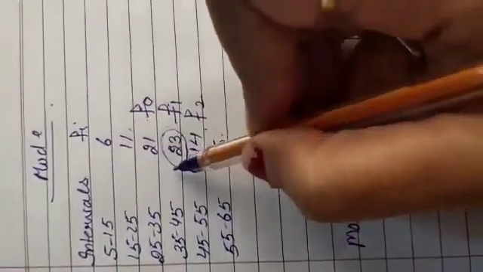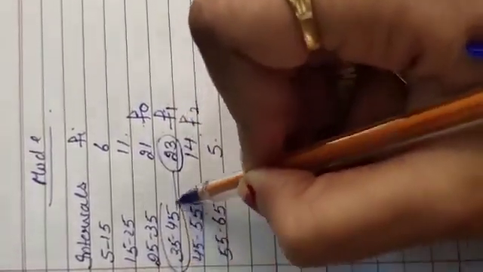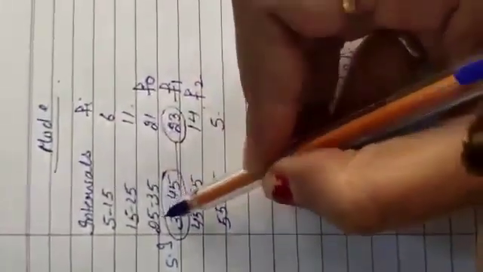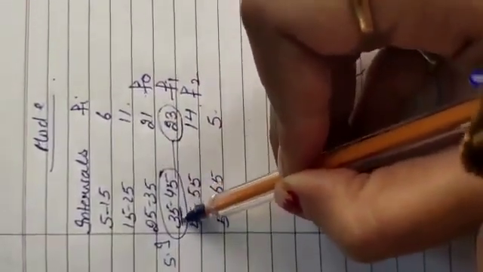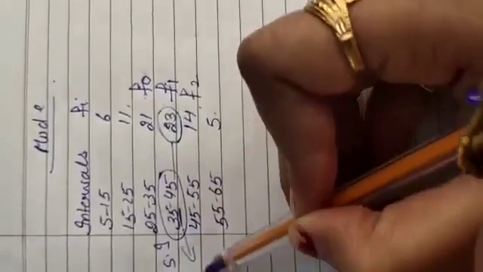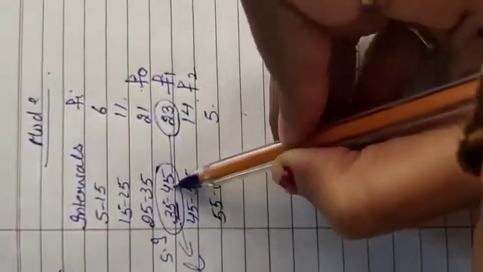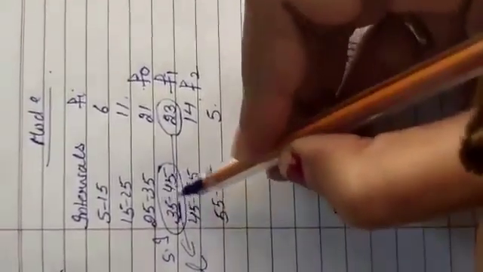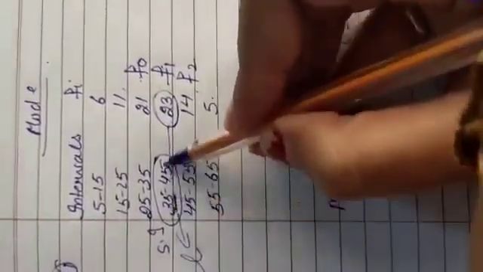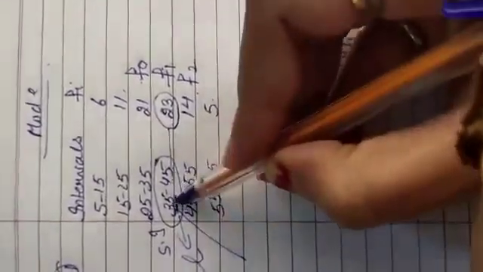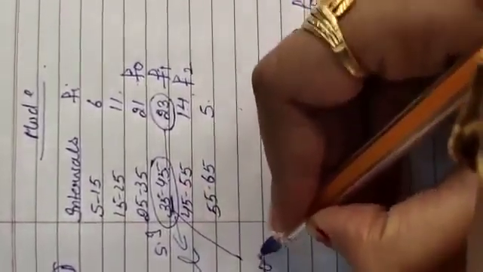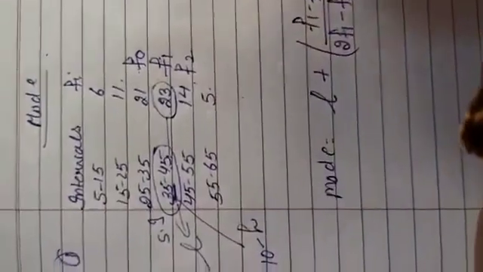The interval opposite f1 is known as the standard interval, and its least value is known as L, and the width of this interval is known as h. The least value is 35, so that is L. The width of the interval is 10, so the value of h is equal to 10.